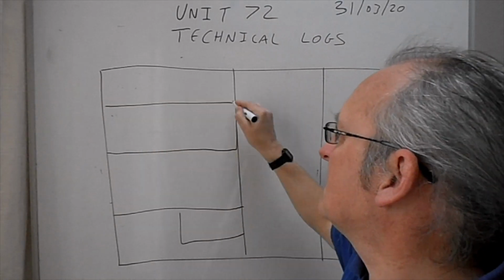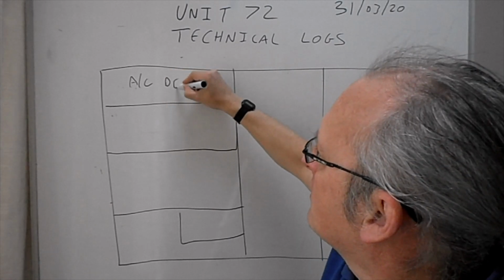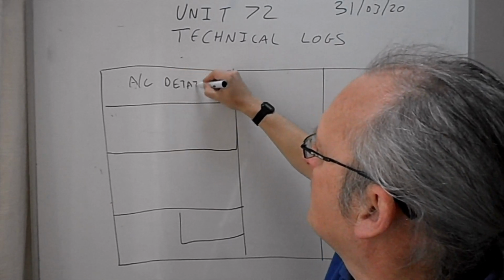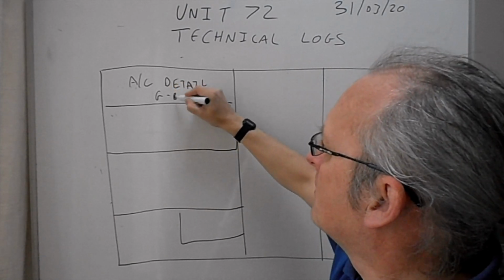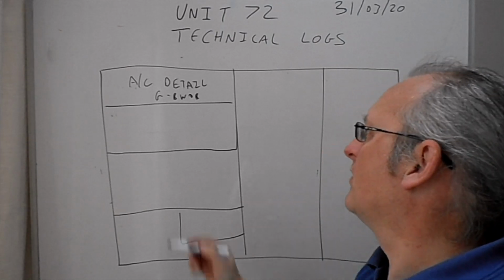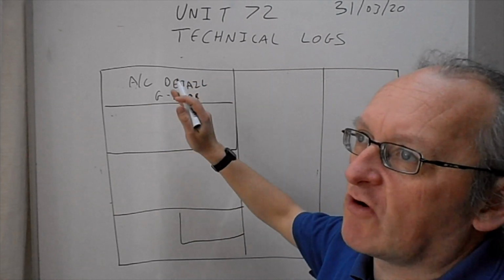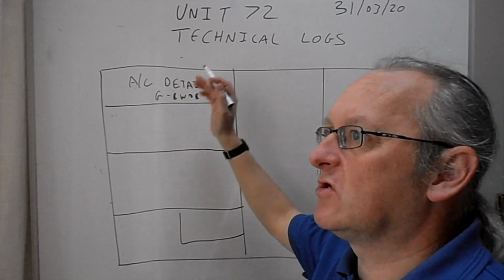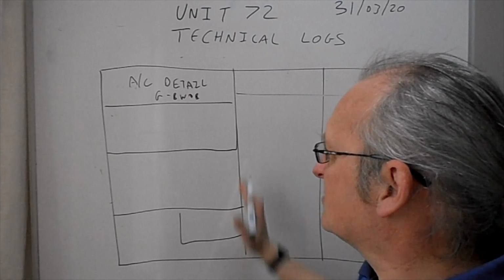It's got some details about the aircraft at the top, and the aircraft details would be what's the registration of the aircraft? G-B-W or G-Bob, whatever I call it, right? So that's the aircraft details. It's what type of aircraft it is, what it's been operated under, and things like that. We're interested in this half for now.